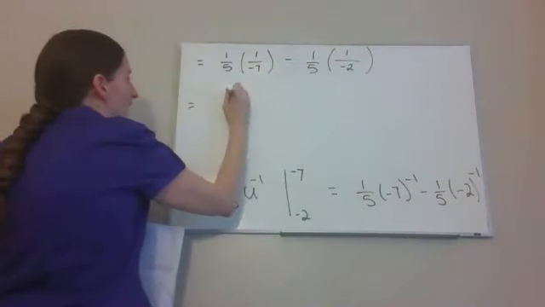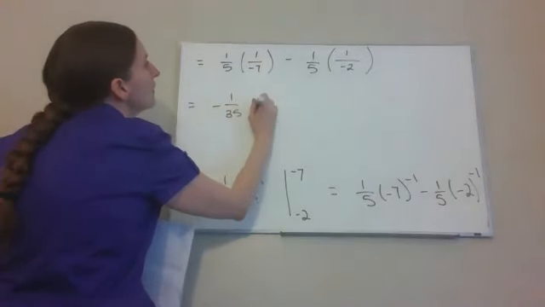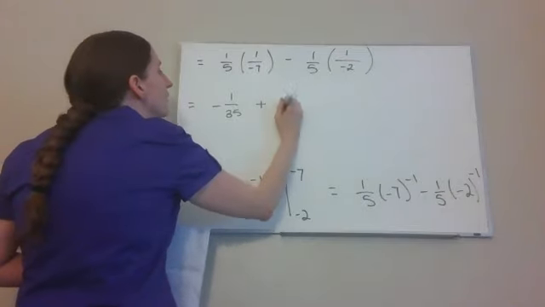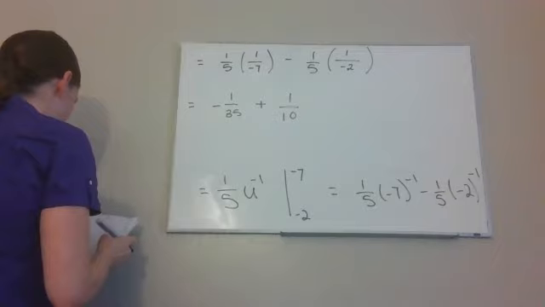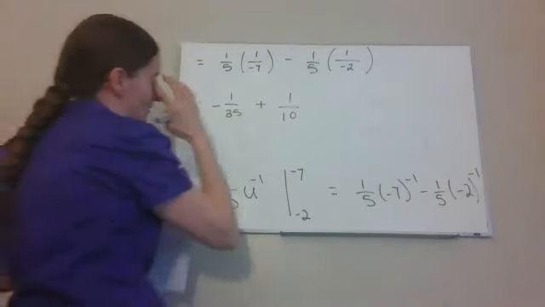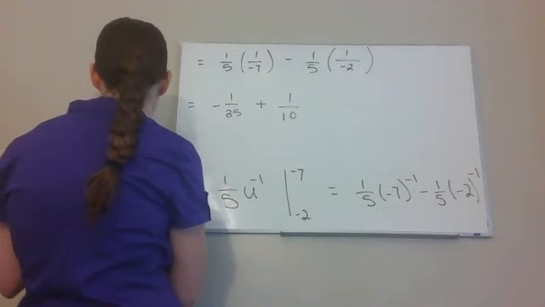So this is a negative 1 over 35 plus 1 over 10. And if I get a common denominator on that, I will get my final answer.